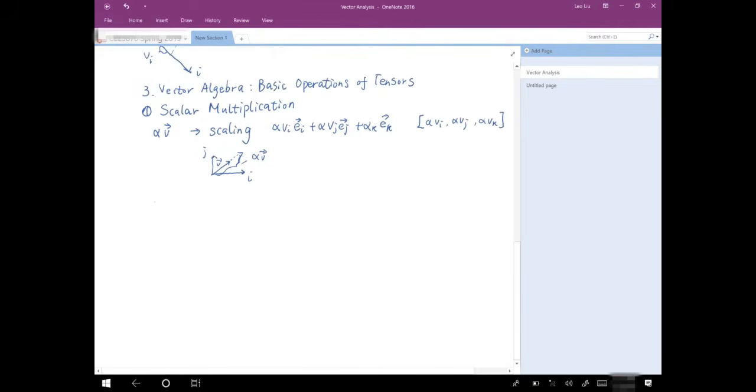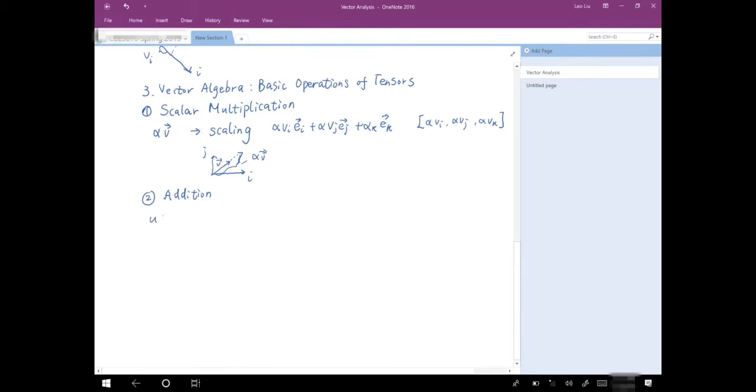Second one, addition. So for addition, it's written as, for example, now we have two vectors.